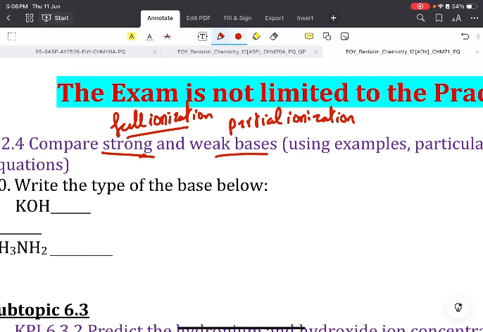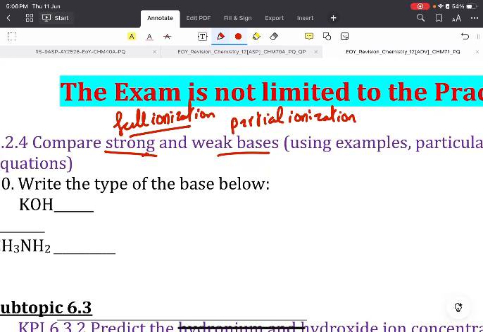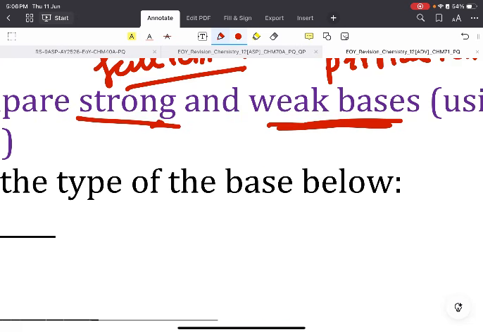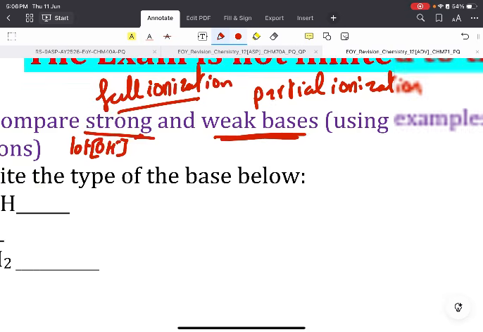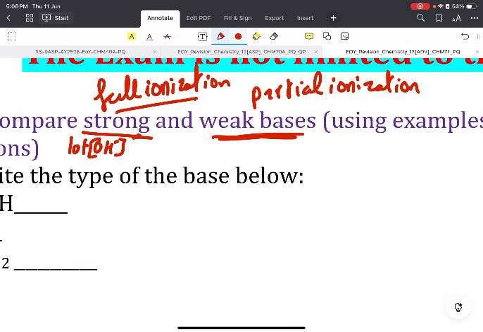Of course, a strong base is a strong conductor of electricity, whereas a weak base is a weak conductor of electricity. A strong base will produce a lot of OH minus, called hydroxide ion, and a weak base will have a lower concentration of OH minus.